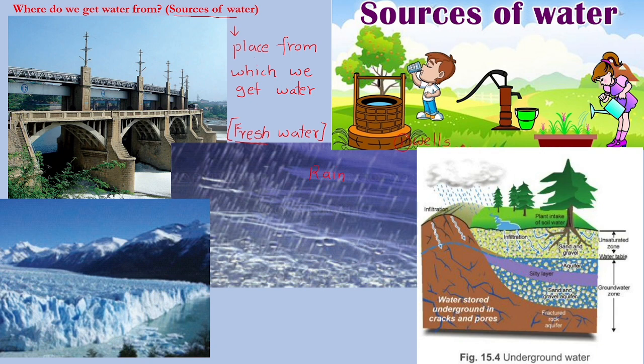Major sources of fresh water on the earth: wells, rain, which is a very important source of water, tap, a water pump, rivers, groundwater, some of the pictures which I have not shown, lakes, and many more.